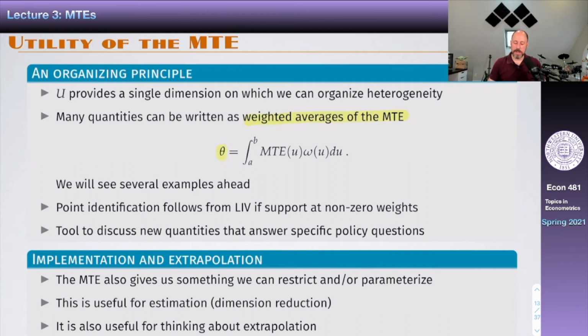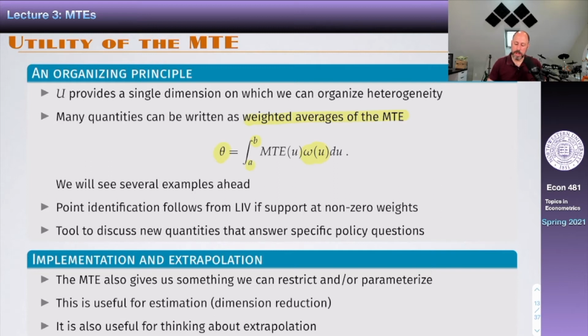So theta, which in a minute is going to be a parameter we may care about, generically can be written as an integral from A to B of the marginal treatment effect, where you weight people of different levels of heterogeneity according to some weight function. Of course, this doesn't apply for any parameter, but a lot of parameters that we typically use can be written this way.